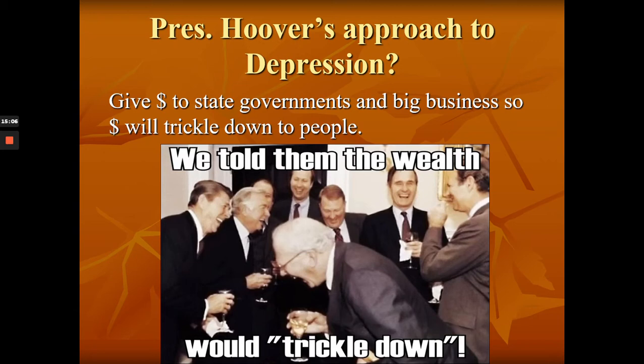So if I loan the state of Nebraska $1 billion, then they'll take that $1 billion and they'll do something with it to create jobs for people in Nebraska. Or I might give $1 billion to the Ford Corporation so they can continue to keep jobs in Detroit. That was Herbert Hoover's approach. Okay?